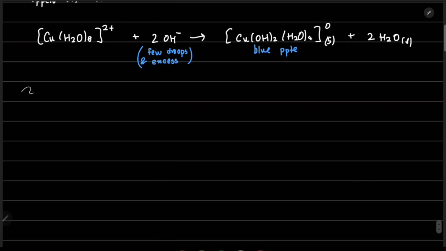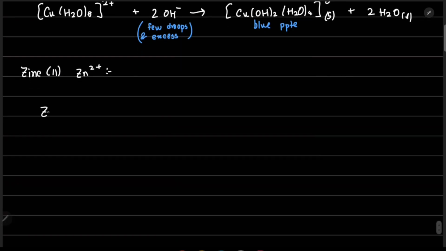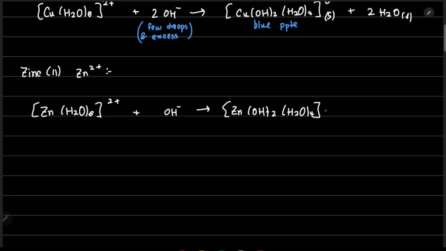Finally, we go to zinc. We have zinc, Zn2+. We have [Zn(H2O)6]2+ aqueous plus OH-, giving us Zn(OH)2(H2O)4 solid plus 2 moles of water, 2H2O liquid.